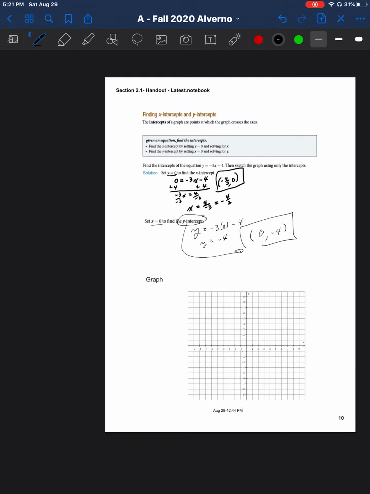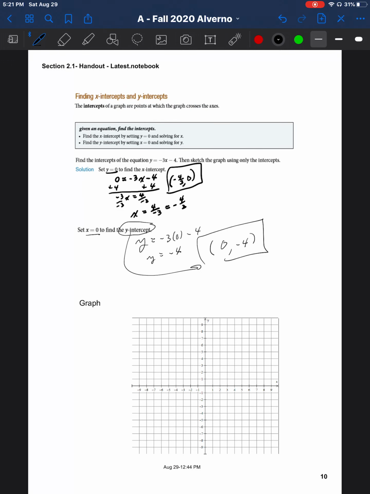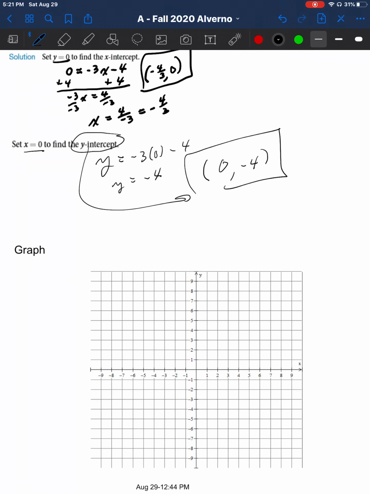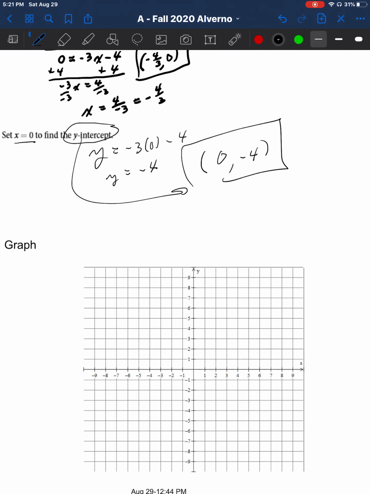We know we can draw a line if we have 2 points, so we can use these intercepts as the points we draw the line with. Let's look at the x-intercept first, which is, as you see up above, the value minus 4/3. That's a negative 1 and a little bit more, and of course y is 0.